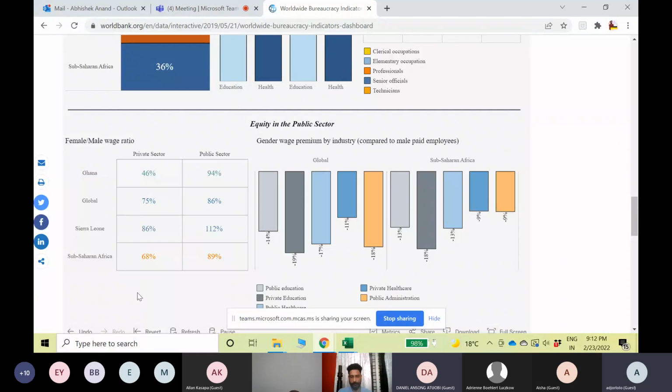Once they get an employment opportunity with one organization, it is very likely they will remain there until they retire, unlike men who sometimes take risks to look for different jobs when they think that the conditions are not good enough.